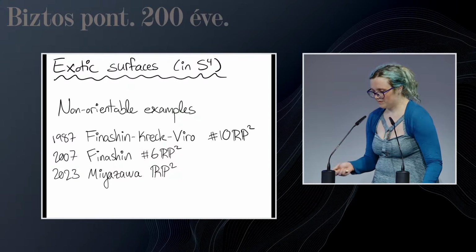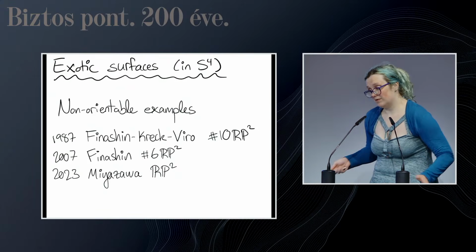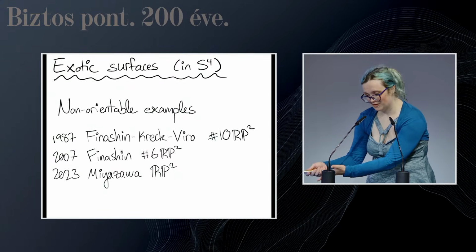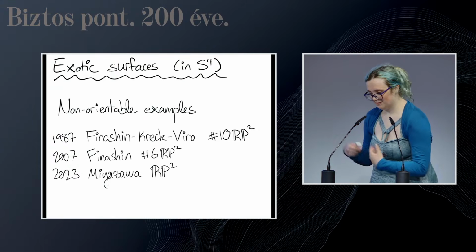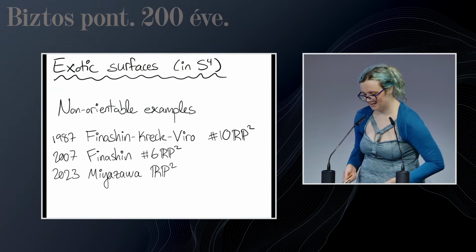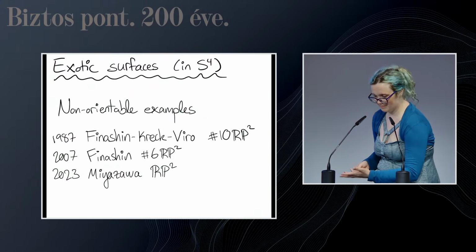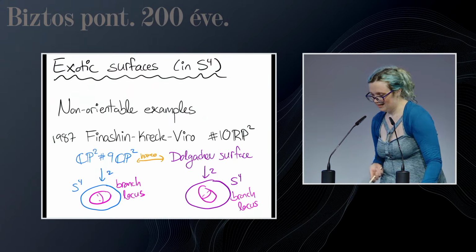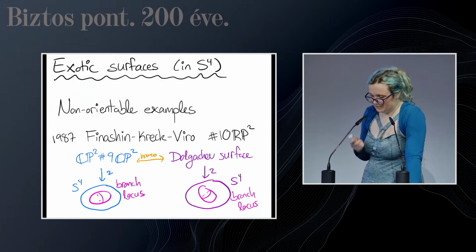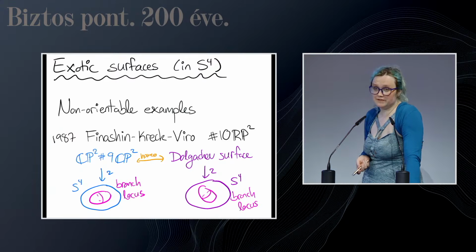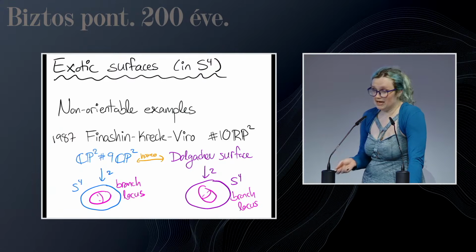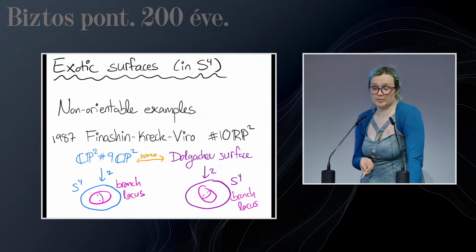I don't know if everybody, well, I know that not everybody is familiar with the obstruction in these papers. I don't know how many people have read these. Maybe the Miyazawa one, I think a lot of people have looked at in the last few years. This original paper, Finashin-Kreck-Viro, they have these surfaces that they know are not smoothly equivalent by looking at the double branched covers.